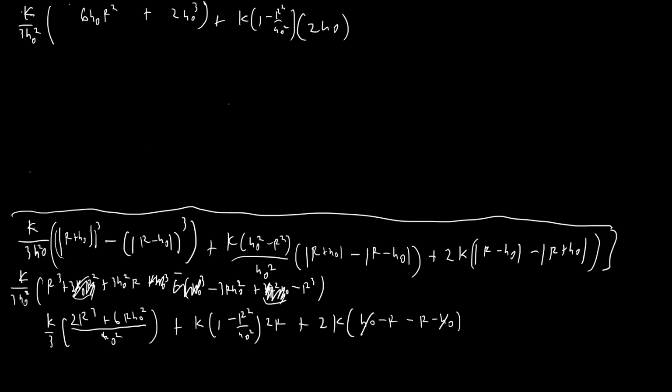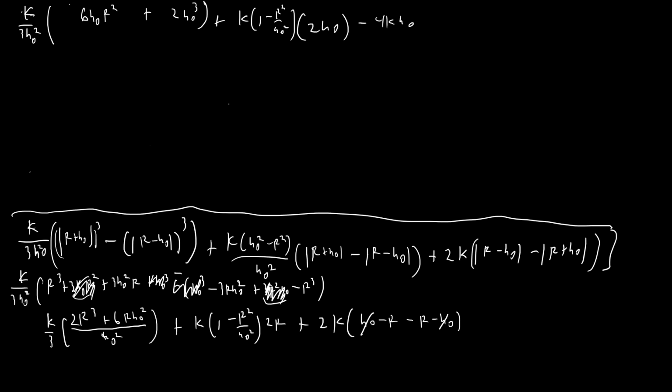Yeah. Then for this last term, very similar thing, plus 2k. R minus h0 is just R minus h0. Then we're going to do minus R plus h0. And so we're just going to end up with R minus h0 minus R minus h0. And so it's just going to be negative 2h0.